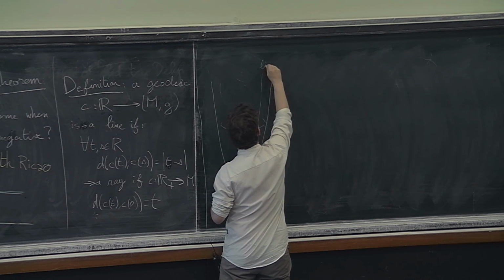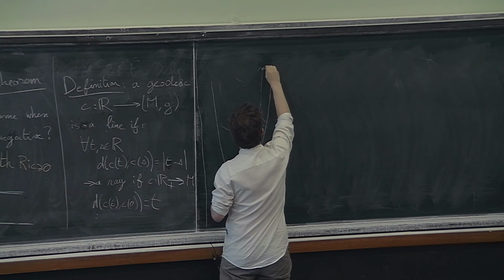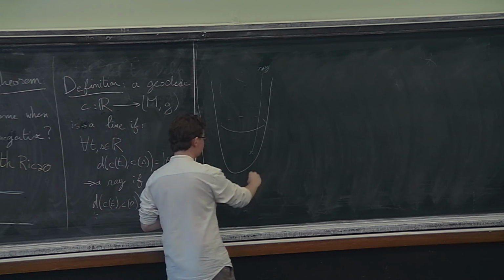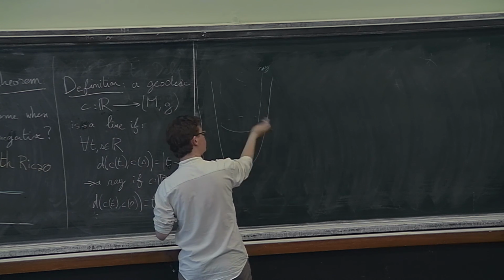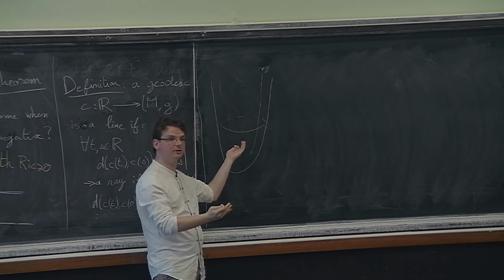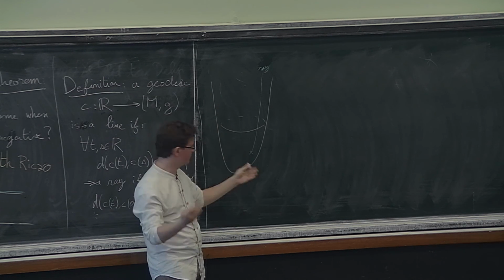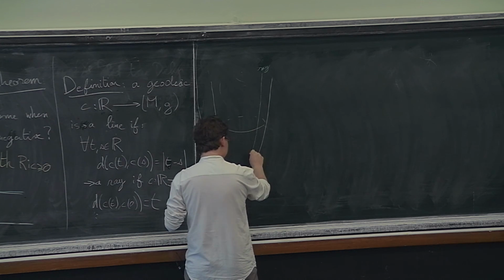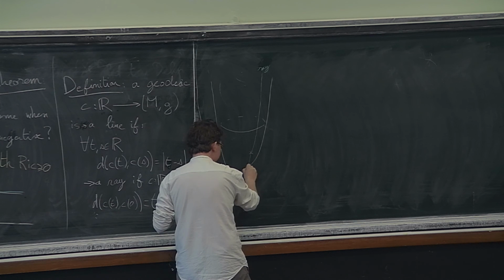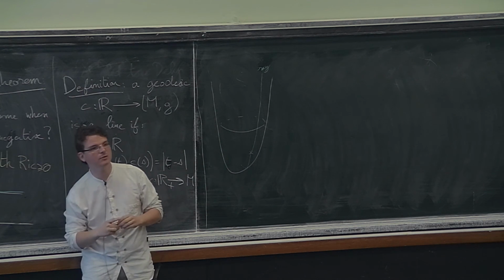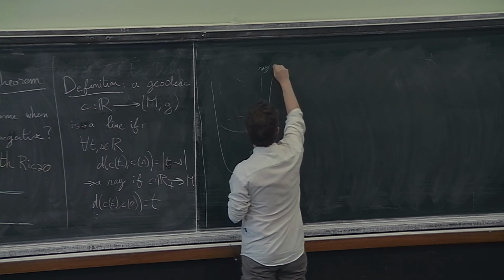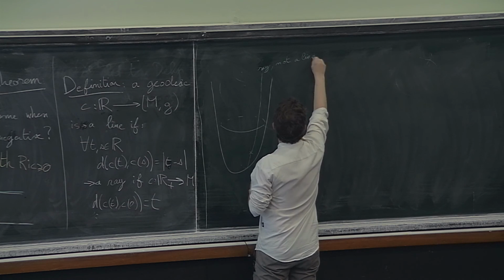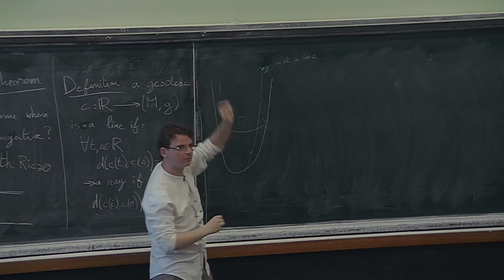That's a ray. But actually, if you extend it, you can find a lot of curves like that. If it's rotationally symmetric, for instance, every intersection with a symmetry plane will give you another one. But what's going on is that if you try to extend it this way, at some point it will stop being minimizing. So this is a ray and not a line. And once again, if you wiggle around, you're neither of that.